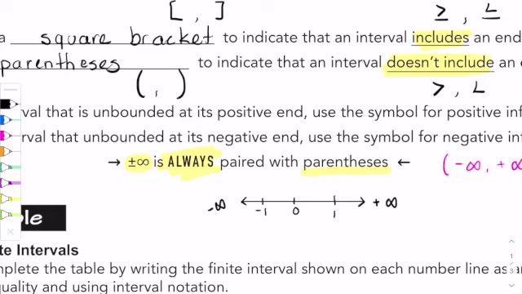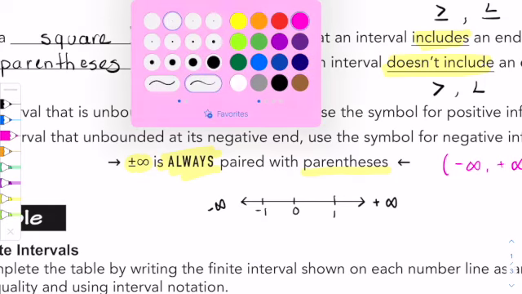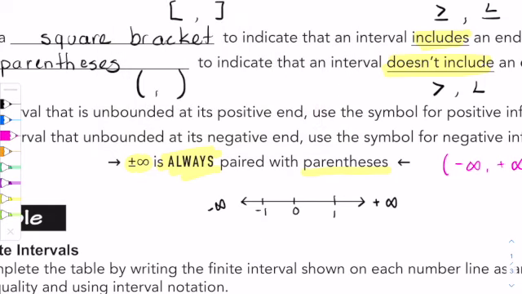When you're writing interval notation, you always write the smallest number first. So for example, if you are writing an interval between, let's say, -5 and +10, you would write -5 first. -5 is the smallest number. And that's just an example.